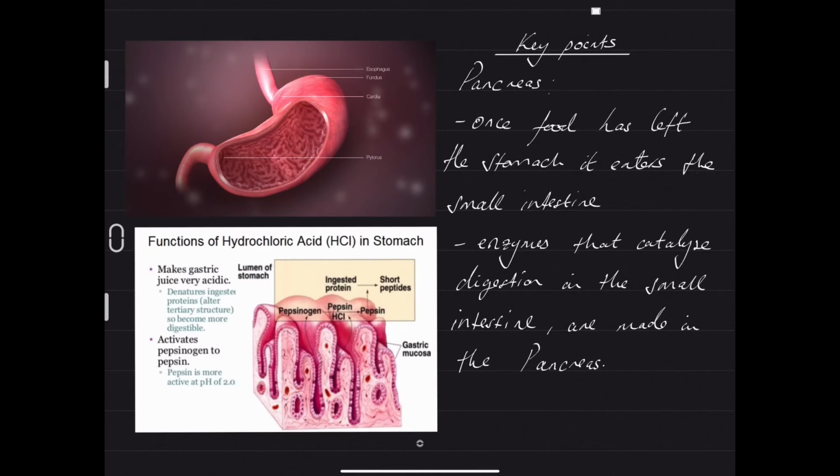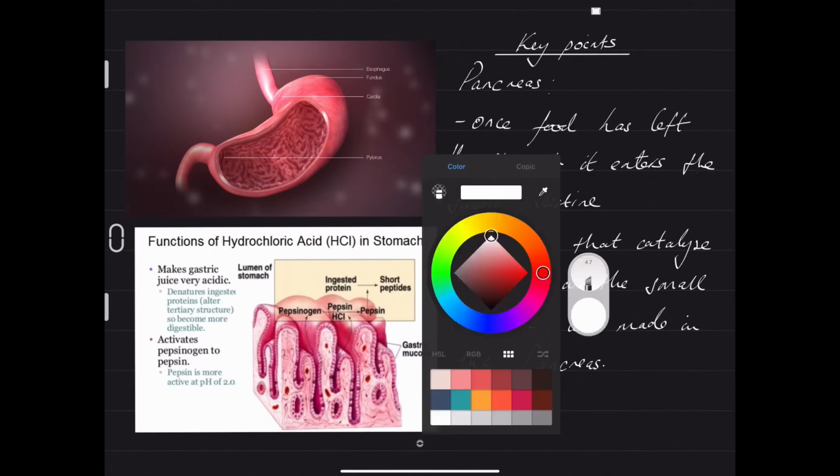These enzymes that are acting on the food after the stomach all work best in an alkaline environment. So I'll repeat again. These enzymes that are secreted after the food has left the stomach all work best in an alkaline environment. So can you just note that down?